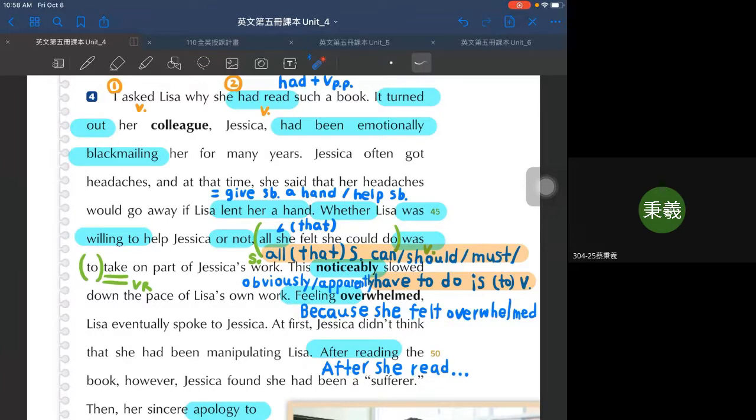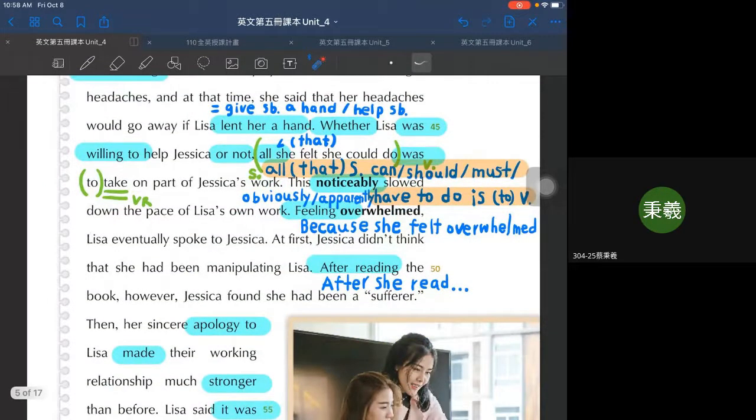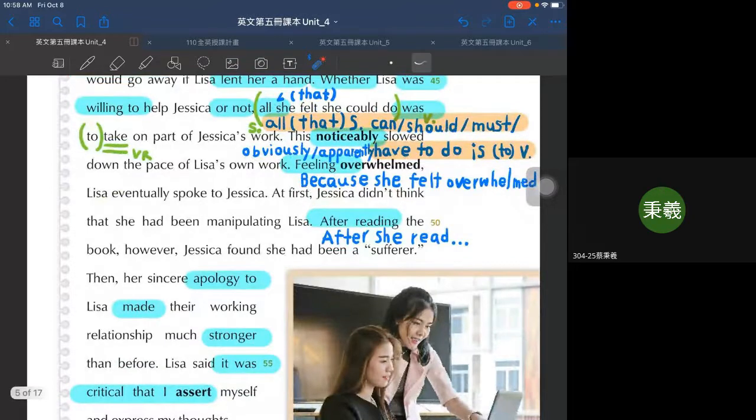So at first, Jessica didn't think that she had been manipulating. But after reading the book, Jessica found she had been a sufferer. And then her sincere apology to Lisa made their working relationship much stronger. So we can note the phrase apology to someone, and then usually we use for something. Apology to someone for something.